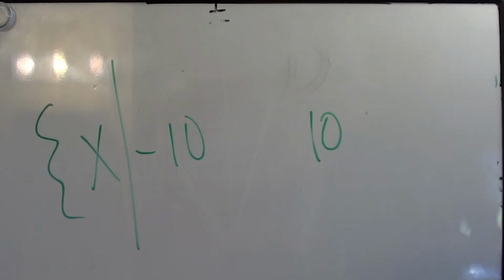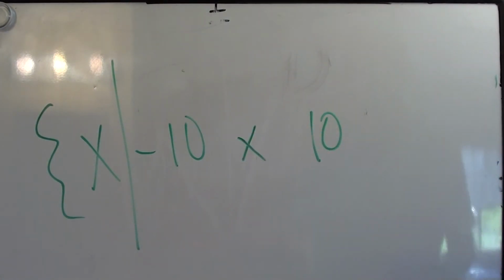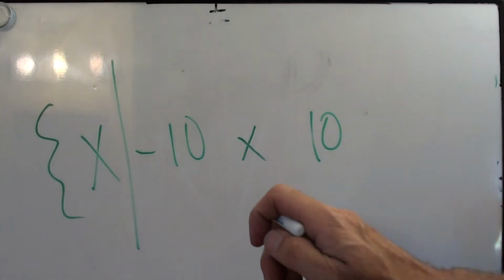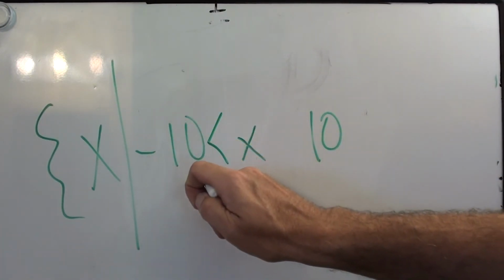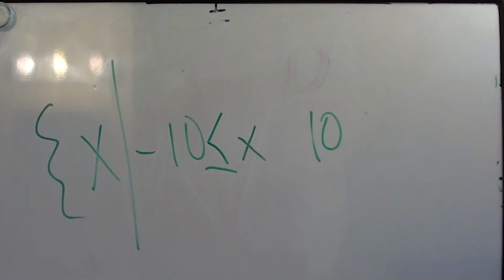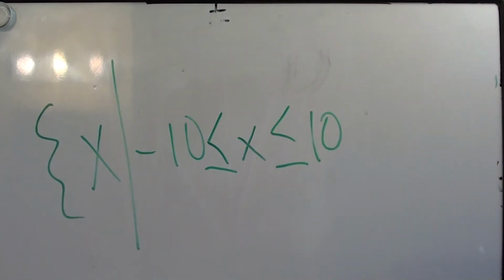Okay, now we know the variable's x, so let's stick this x in there, okay? Now we have to use equality signs, inequality signs, okay? We know that negative 10 is less than or equal to x, as it is also less than or equal to positive 10.